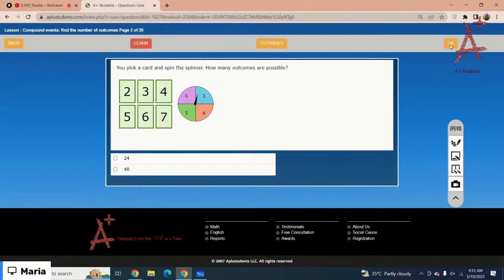Okay, the next one is you pick a card and you spin the spinner. How many outcomes are possible? So which is the correct option? For the cards, you have 6 outcomes. You have 6 cards. And for the spinner, you have 4 outcomes. Either it will land 3, 4, 5, or 6. So you need to calculate the total outcomes. So you need to do 6 times 4. Got it?